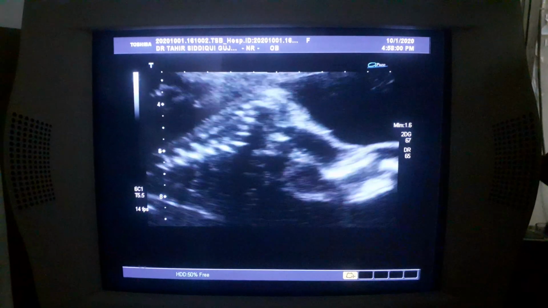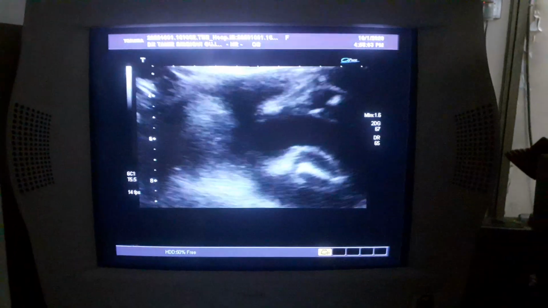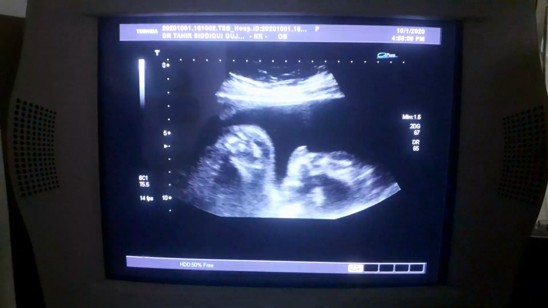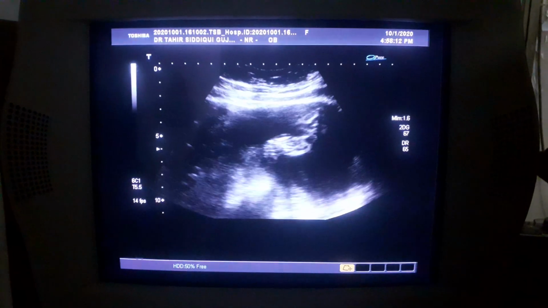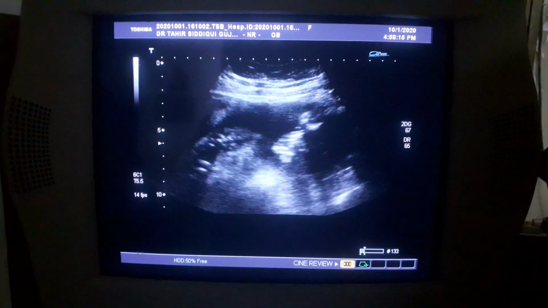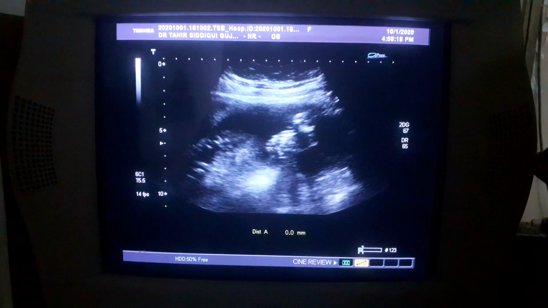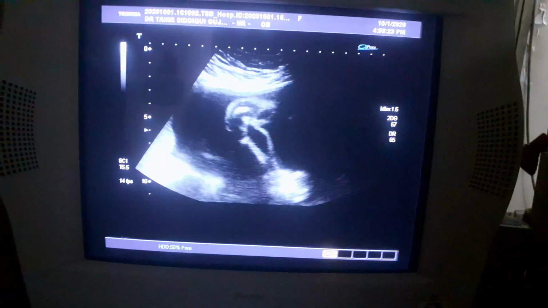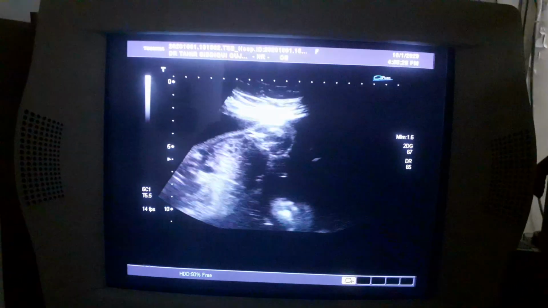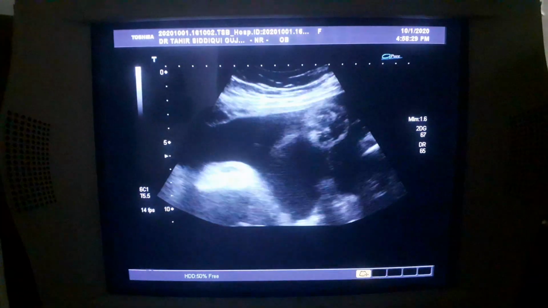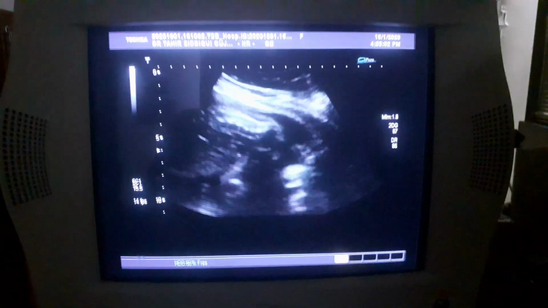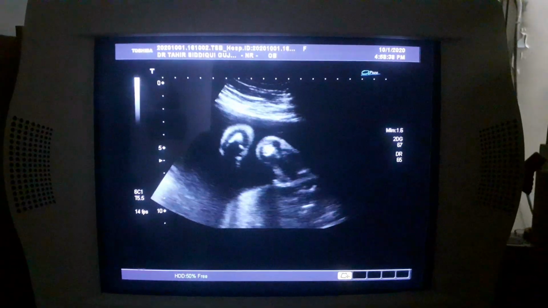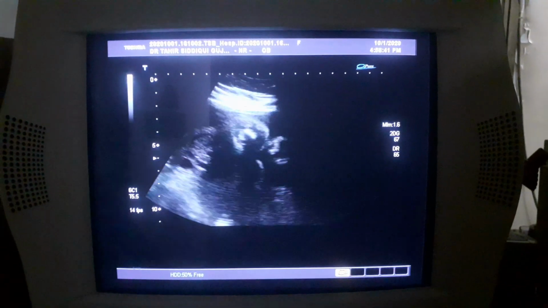Now what about the femur? Fetus is hyperactive a bit. Now this is the foot. Tibia, fibula. Let us get the femur.